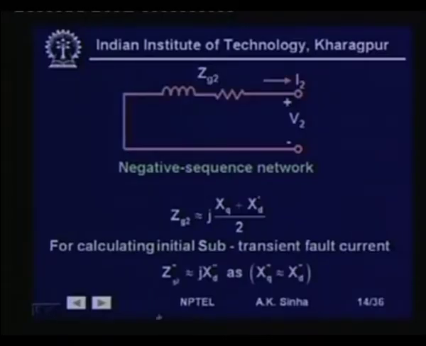Therefore, we have the negative sequence subtransient reactance, which we will use when we are trying to find out the fault current immediately after the fault, and that will be equal to the subtransient reactance of the generator.